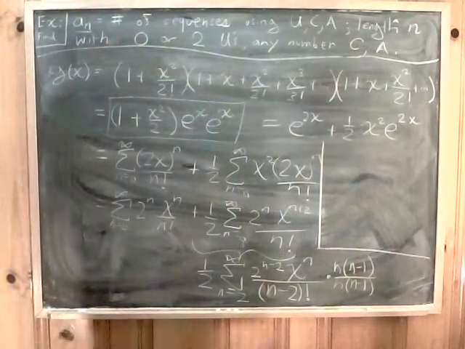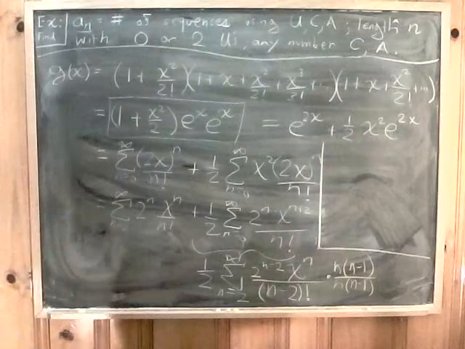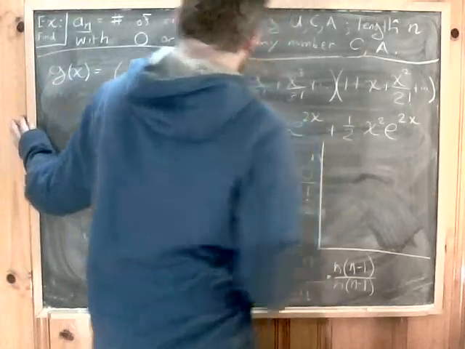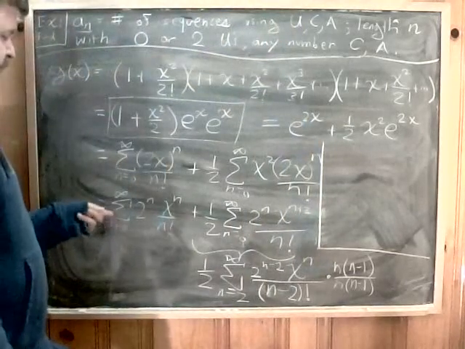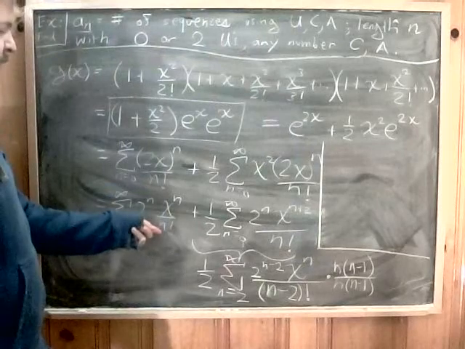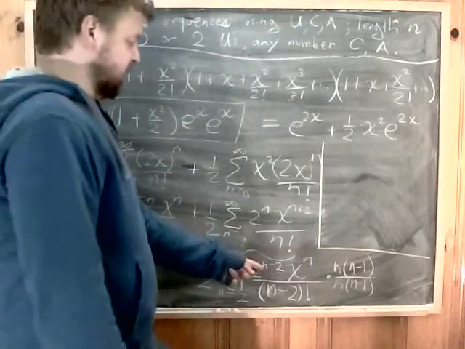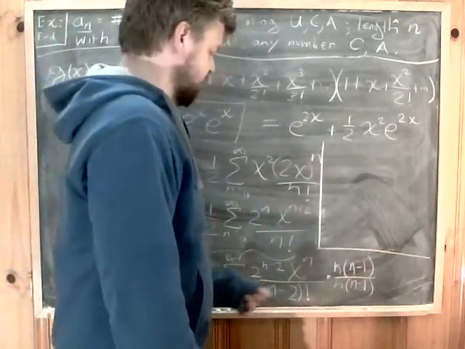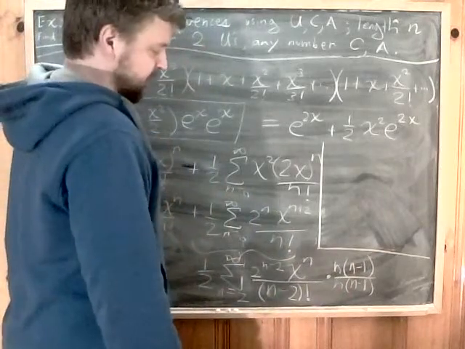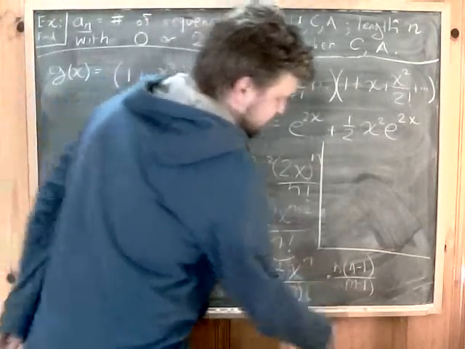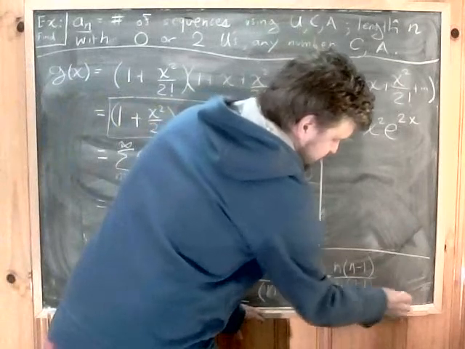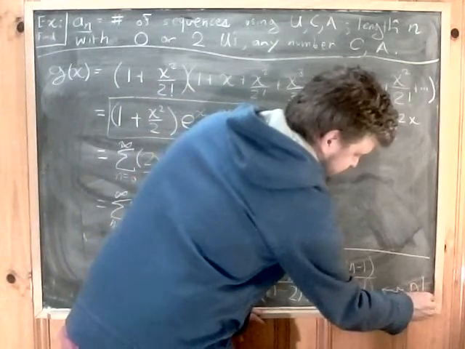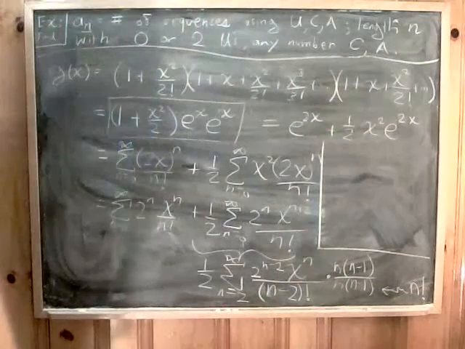Okay, so after multiplying on top and bottom by n times n minus 1, I have the current parts, which are 2 to the n, x to the n over n factorial, and I have 1/2, I have 2 to the n minus 2, x to the n times n minus 1 over n factorial. This is n times n minus 1 times n minus 2 all the way down. So just to show what's happening here, all that underneath is n factorial.